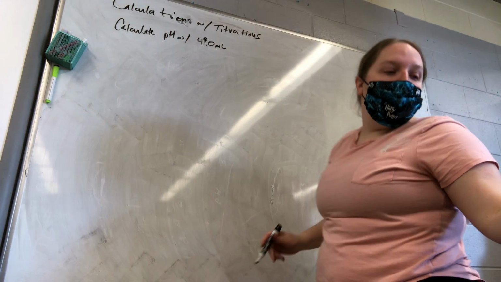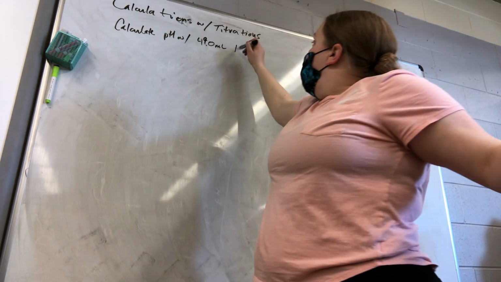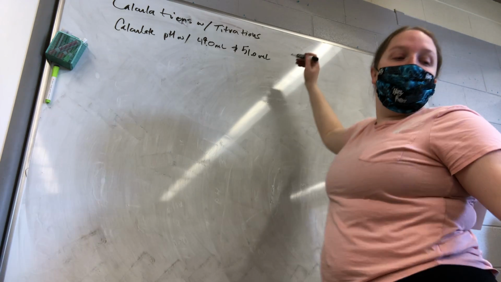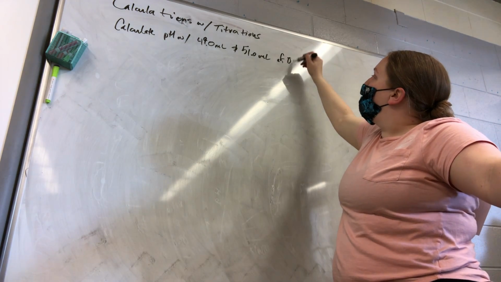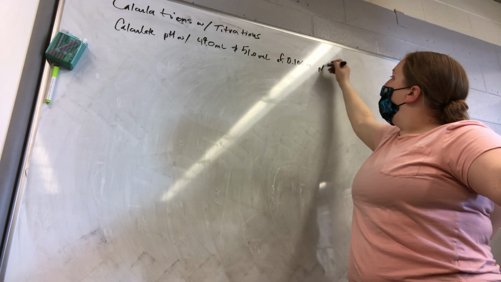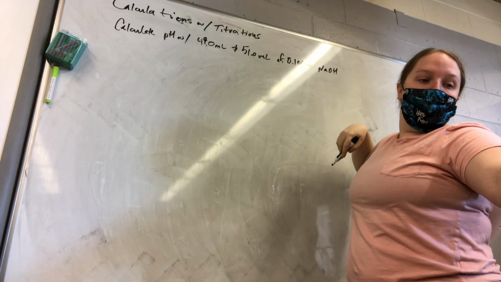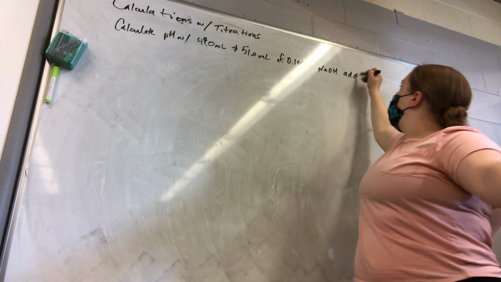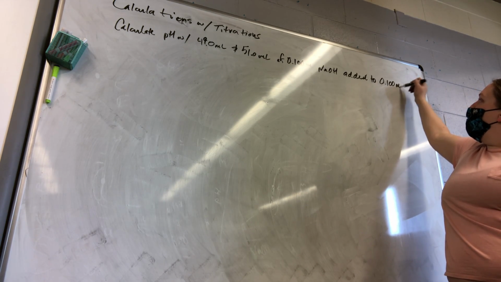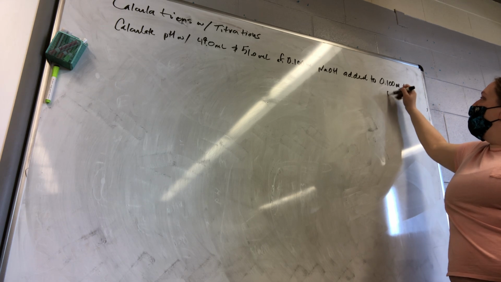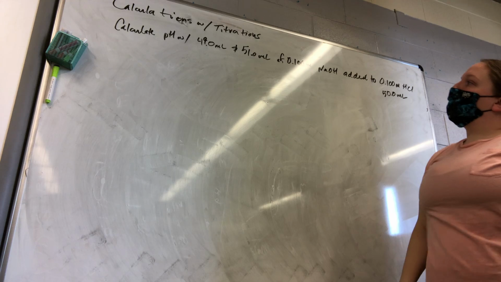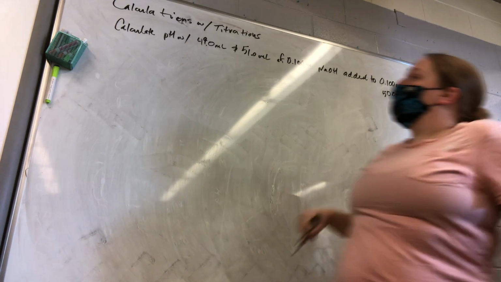49 mL. 51 mL. Molar NaOH. I used to know how to do these. Added to 49 and 50.